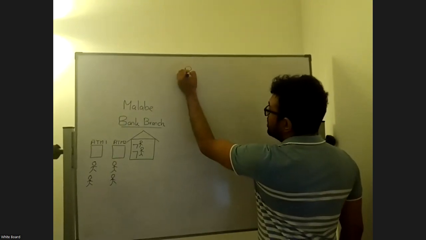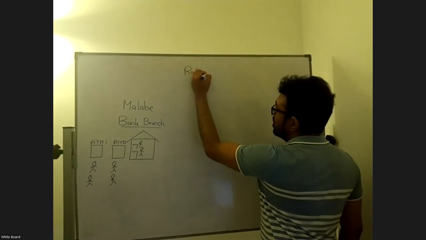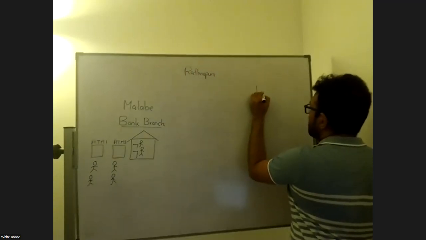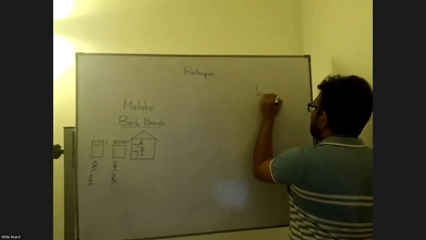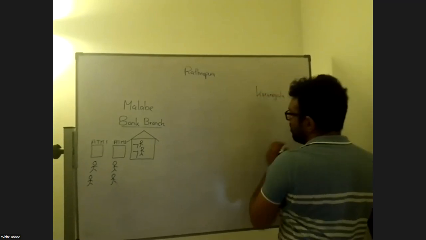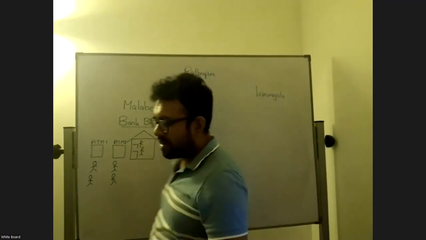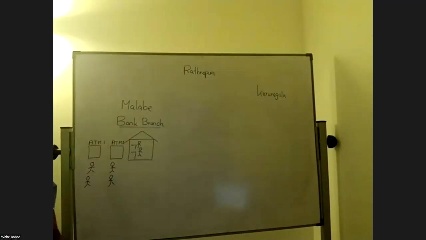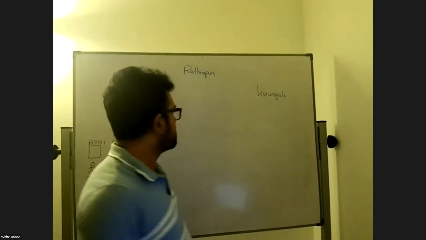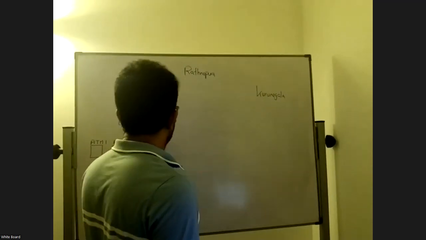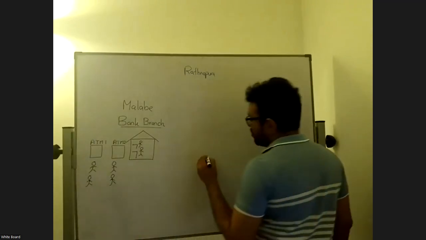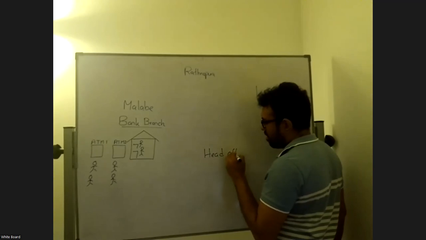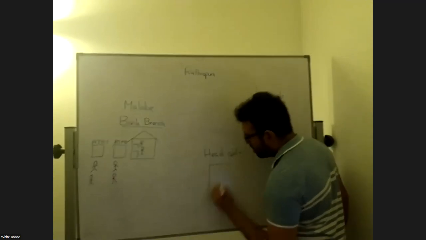You can see another one in Ratnapura. Another one in Kurunegala. Another one in Makola, Kelaniya, branches everywhere. They are all like this. Head office is also there. Now all of these are separate from the head office. Head office. The large buildings.